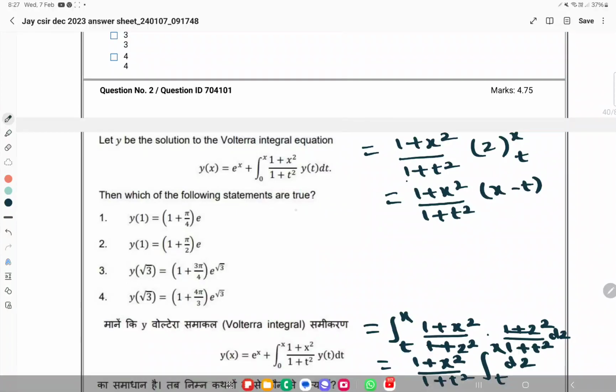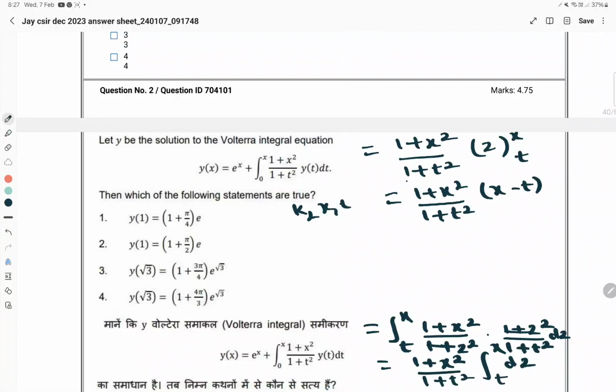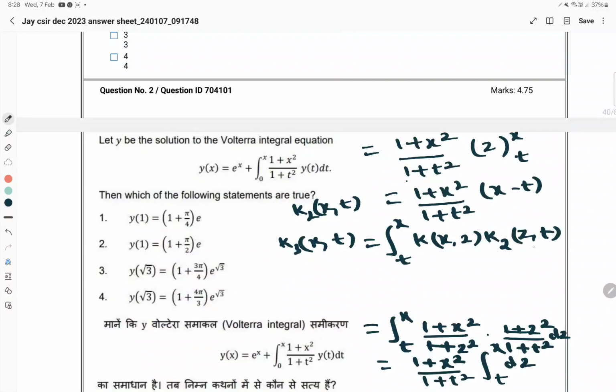This is k2 of x comma t. Now I am going to find k3 of x comma t, integral t to x of k of x comma z k2 of z comma t dz, which is equivalent to integral t to x of k of x comma z.